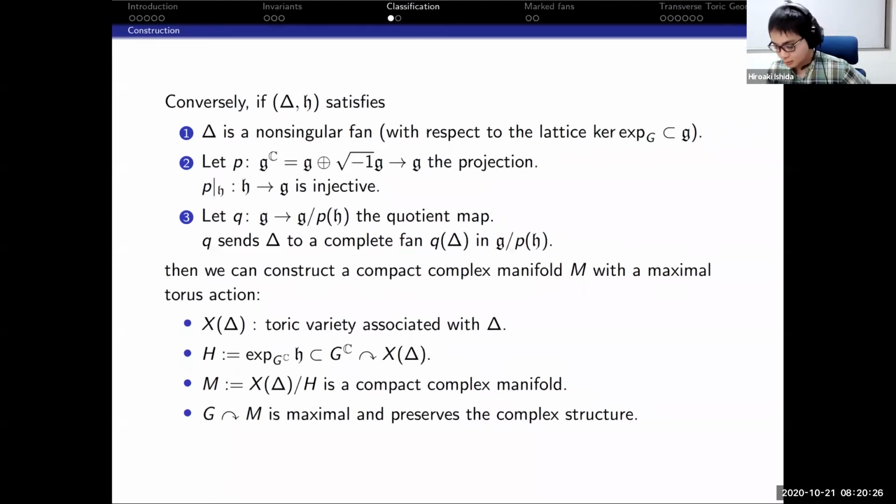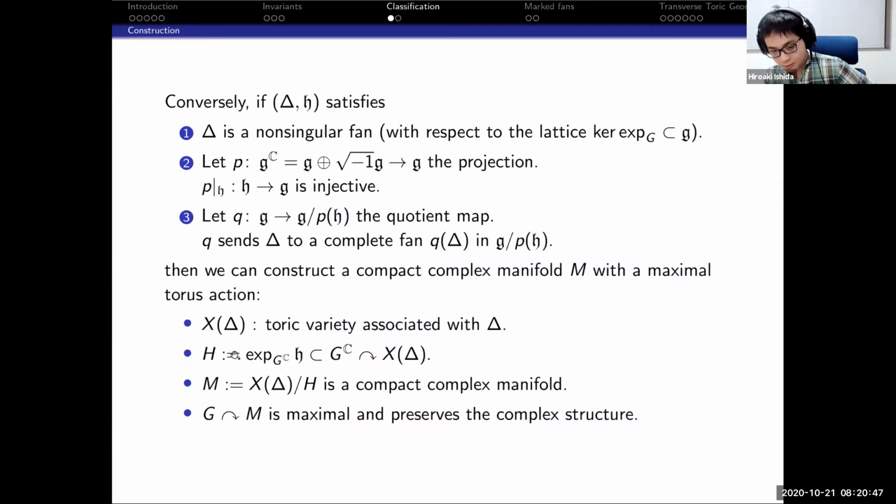Since delta is a non-singular fan, we have a toric variety associated with delta. And here is a vector subspace of the complexified Lie algebra.